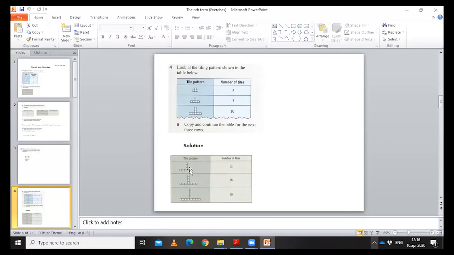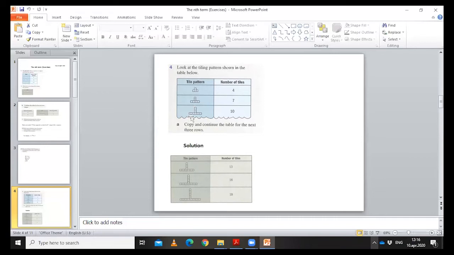We will try to understand the way the tiles are placed. In the first example, it was true that it has 4 tiles, but pay attention, we had 3 horizontally, 1 vertically. Then 1, 2, 3, 4, 5, 2 more horizontally, 1 more vertically.